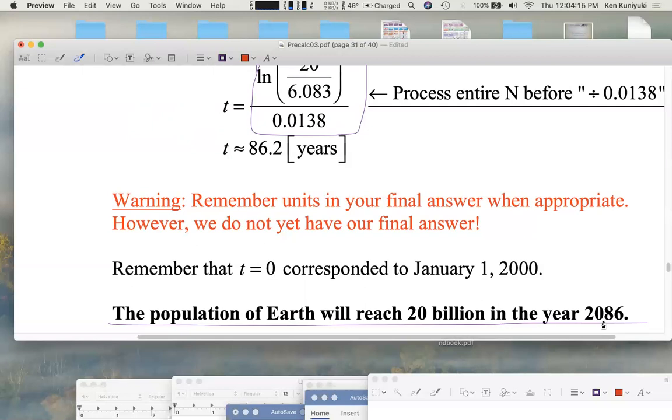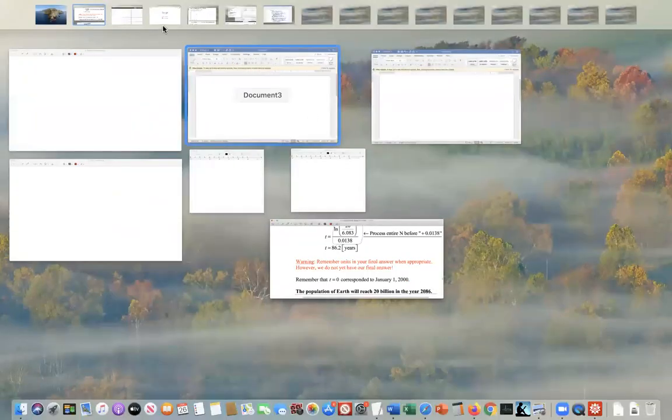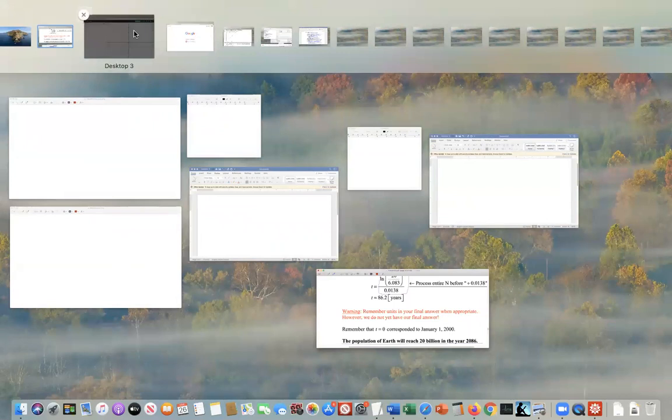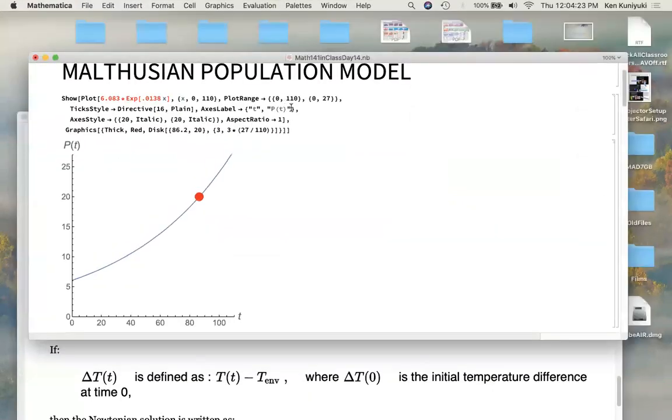All right, so let's take a look at this Malthusian model. This is Mathematica. Okay, so here's the graph of y equals that exponential function I showed you, 6.083 e to the 0.0138t. It doesn't matter if software uses x. All right, so we get this J curve, right?